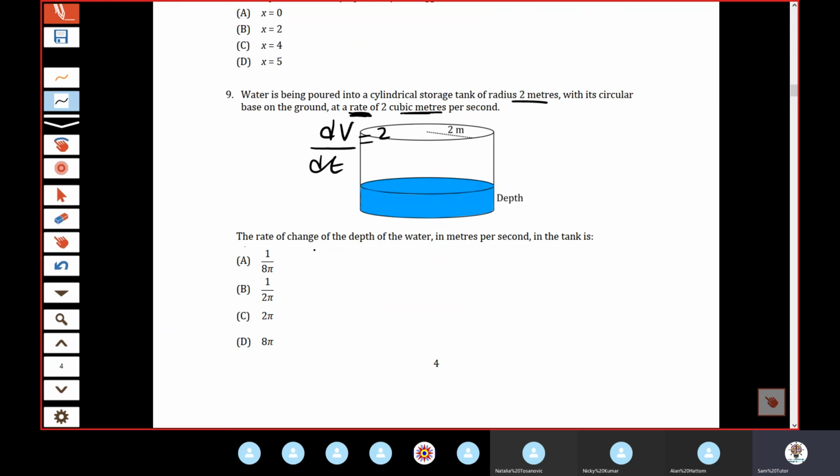The rate of change in the depth of water in meters per second in the tank is, so the rate of change is dH on dt. The rate of change, d, and then depth, h, I'm labeling it as, on time, dt.